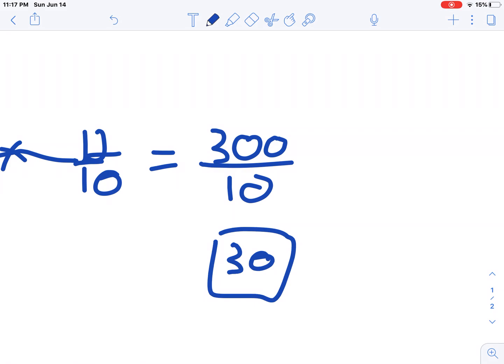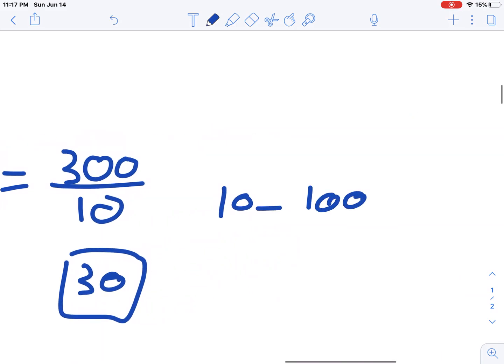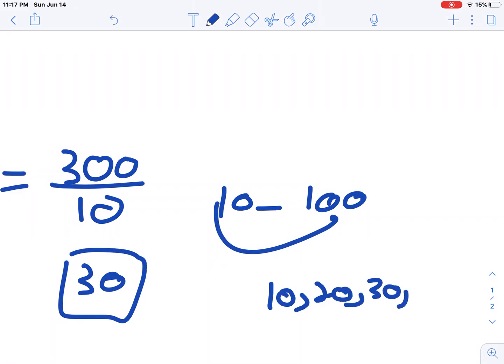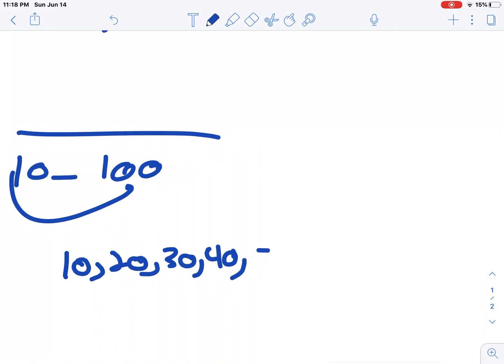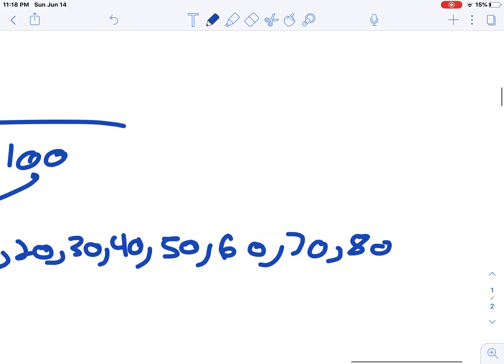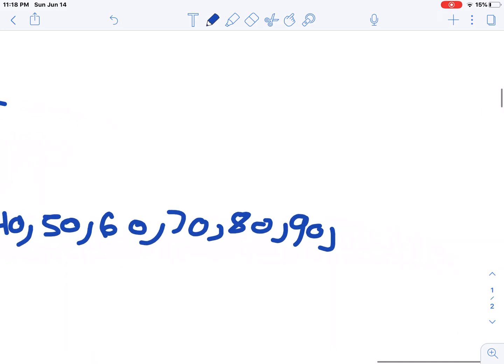So what you have to do is, how many times does 10 go into 10? Once. How many times does 10 go into 100? It goes in 10 times, because if you check, it goes 10, 20, 30, 40, 50, 60, 70, 80, and then 100.